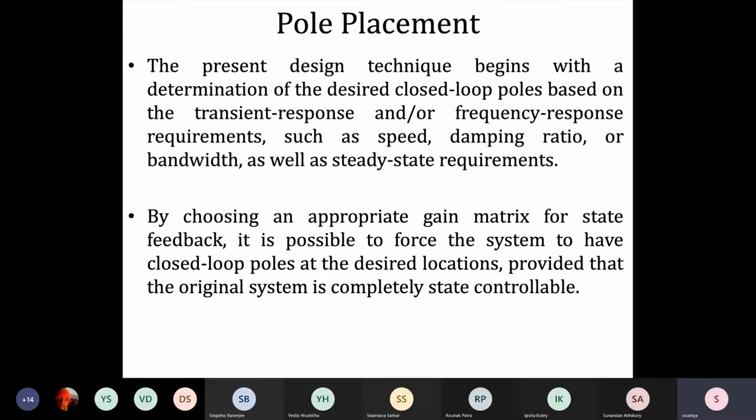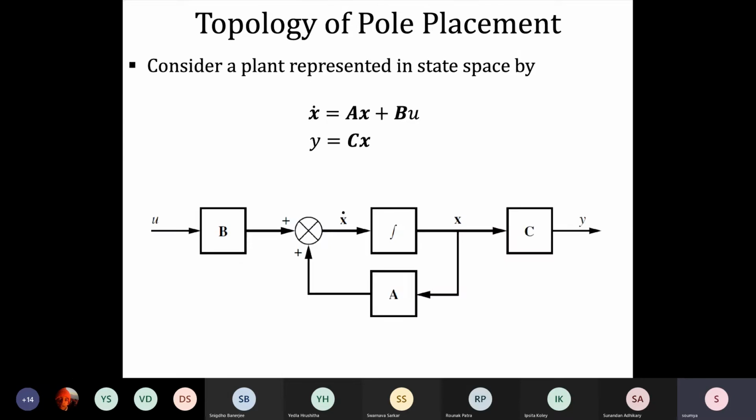Based on these requirements, we fix the desired location of the final poles of the closed loop system, and accordingly design the gain matrix or feedback gain of the system. So it's like a reverse kind of thing.